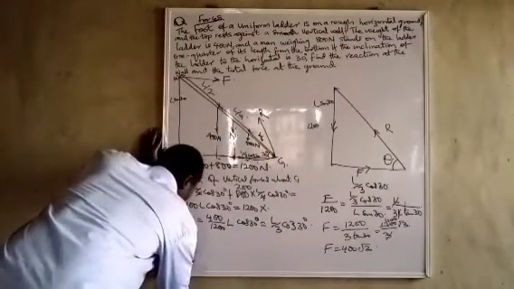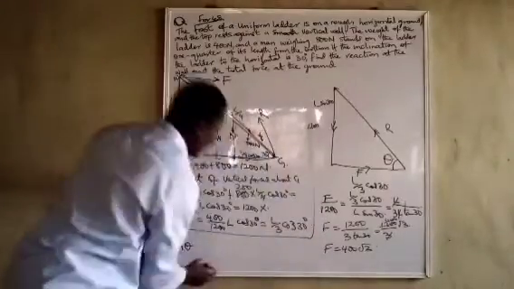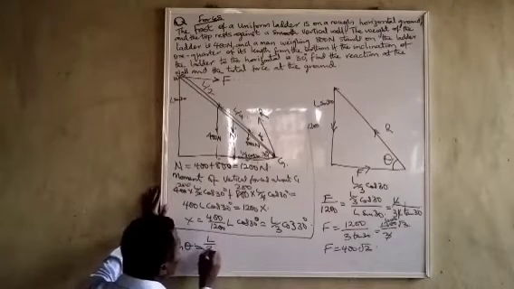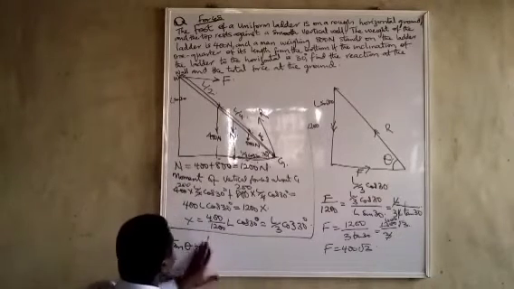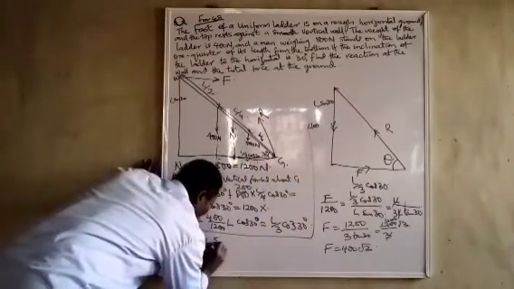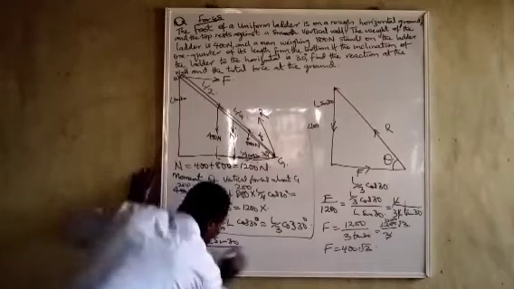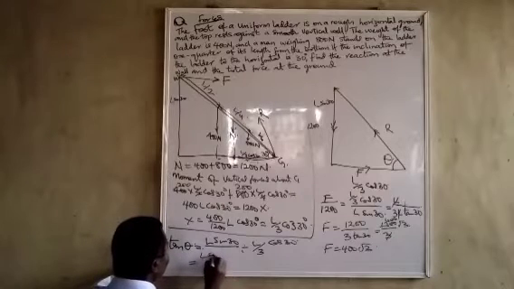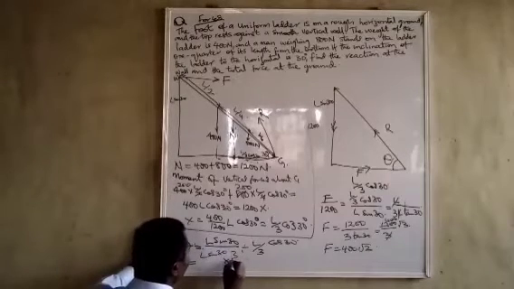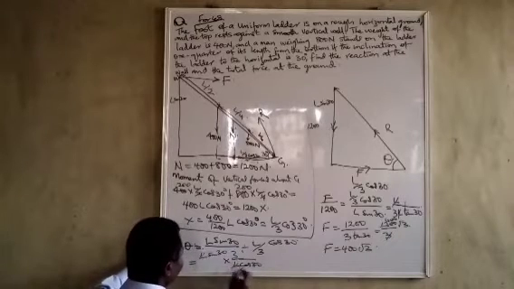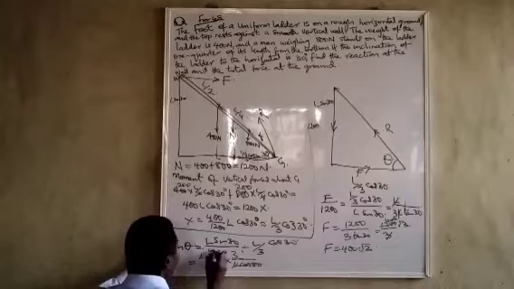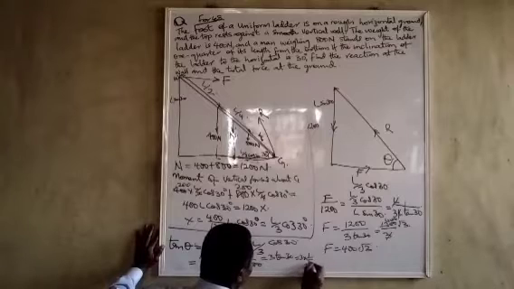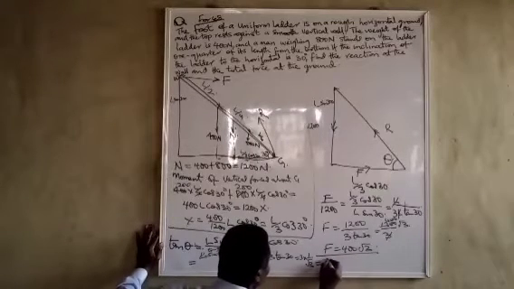Tan theta is equal to opposite over adjacent, that is L sine 30 over L over 3 cos 30, and it is equal to L sine 30 times 3 over L cos 30, and this will give me 3 tan 30, which is 3 times 1 over root 3, and it is equal to root 3.